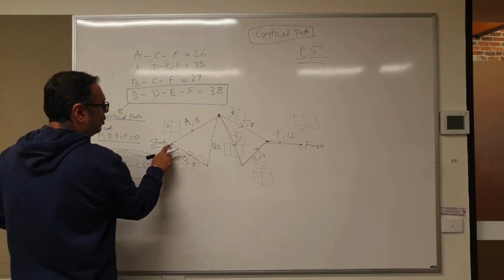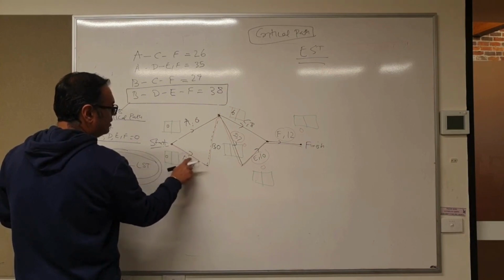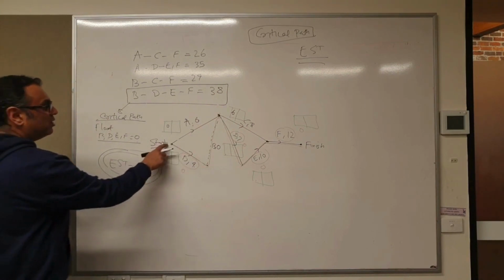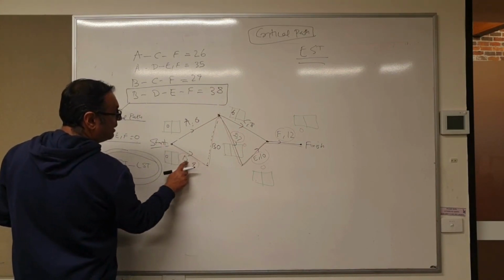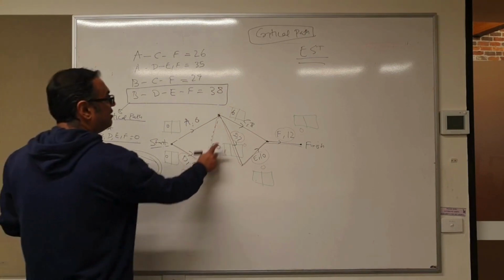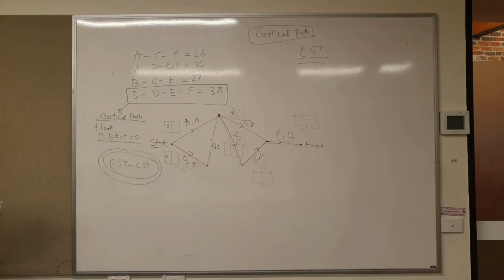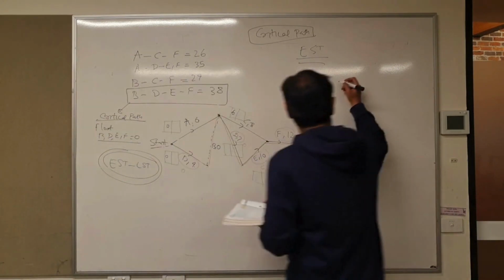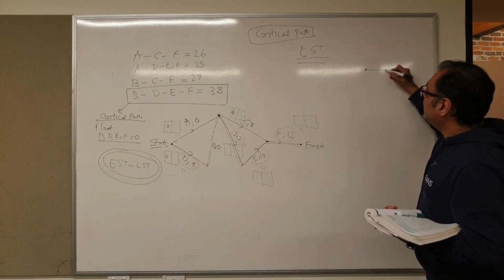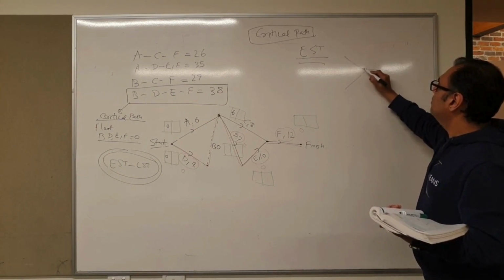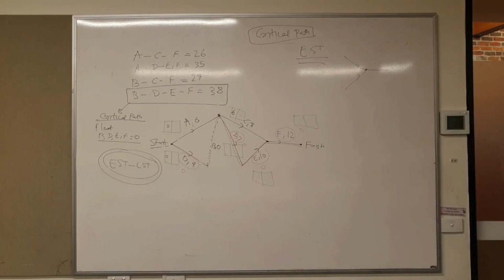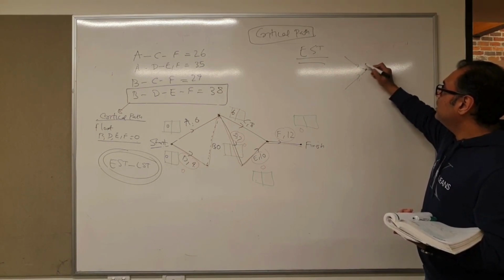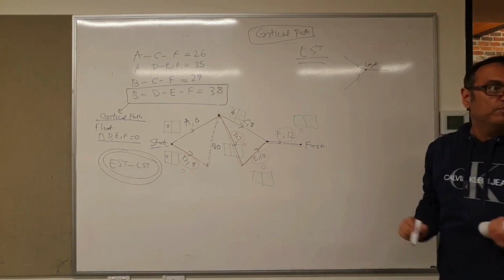Now, from start, you can also go to C. From B, you can also go to C. So from B, you're spending 9 minutes and reaching C, right? In EST, when one activity is approached by two different activities with different times, you pick up the largest value of the two.